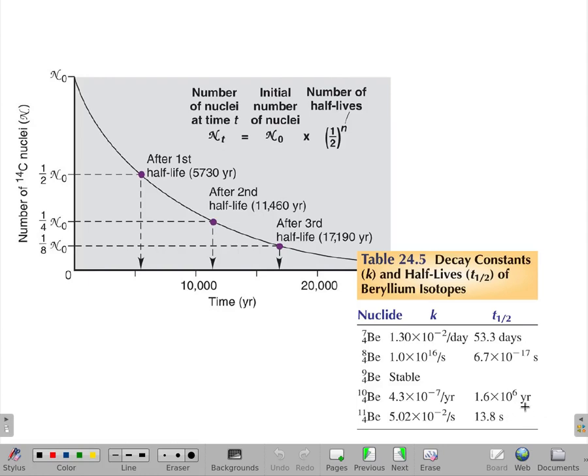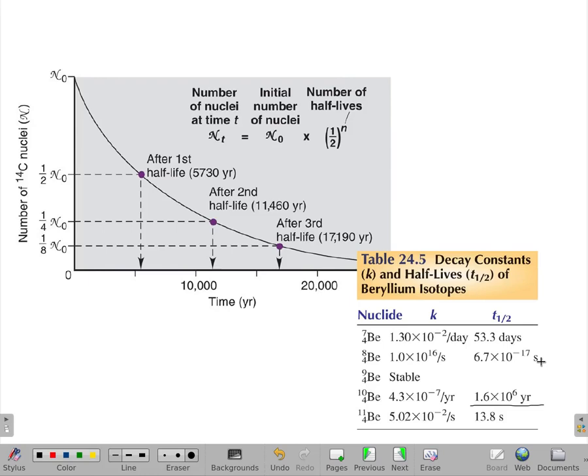Some of these take years. Look at that, 1.6 times 10 to the 6th years, 1,000,000 years. Yet we go to beryllium-8, and it's got a half-life of 6.7 times 10 to the negative 17th seconds. It's gone. I mean, it was gone before I said gone.